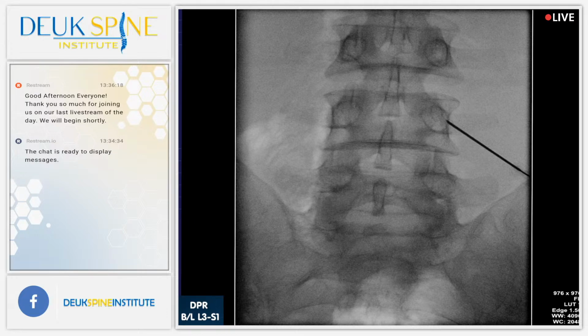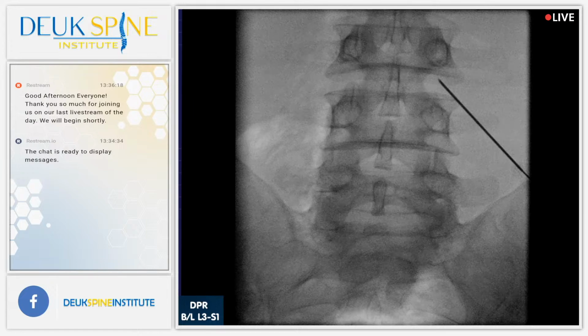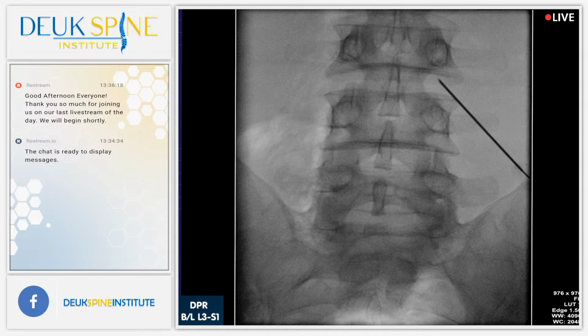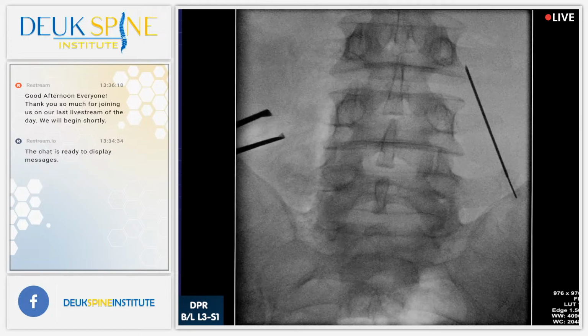Now, I can tell you right now, after this procedure is done, if he hurts at all, it's going to be from some muscle bleeding, some blood in the muscles. 3, 4, 5.